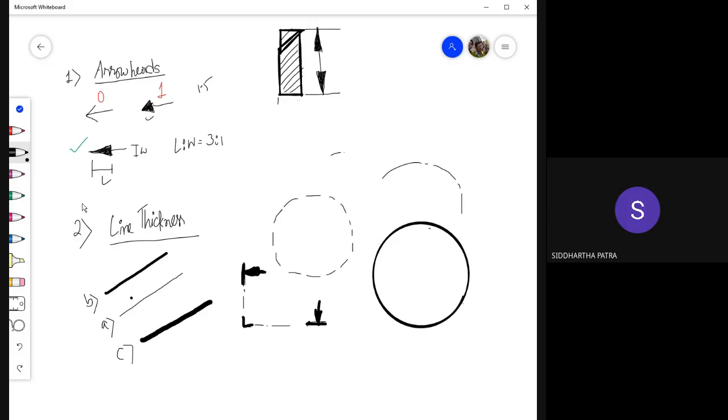All I'm trying to say is that if you take this to be about 0.25 mm, now you might argue that I'm using a 0.5 diameter pencil lead. How can I draw 0.25 mm?